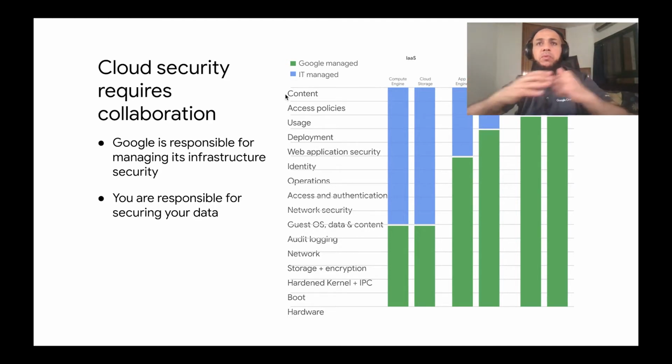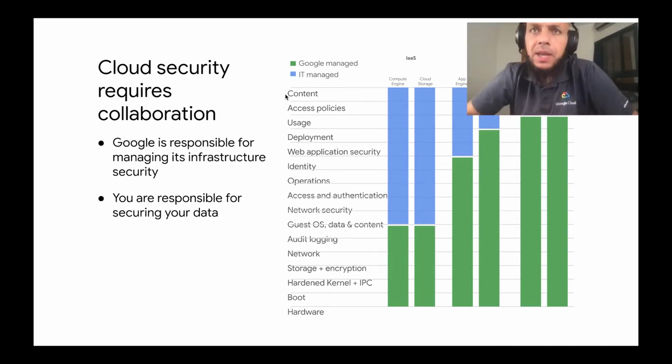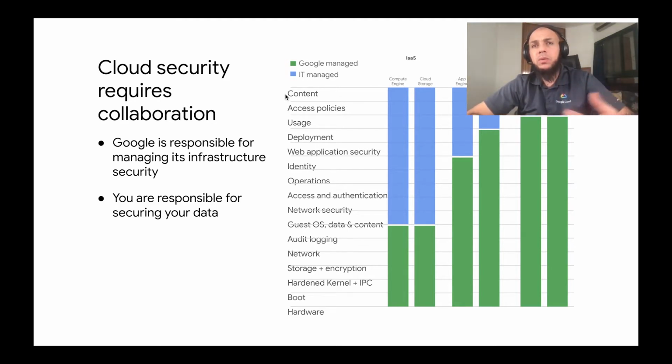Before you come to the cloud, when you are on premises, all the security layers are the responsibility of the customer, from the physical data center to the hardware, the underlying infrastructure, the network, storage encryption, operations, access management, authorization, authentication, access policies, the data itself and its content, the applications, the operating system. All of those are the responsibility of the customer.